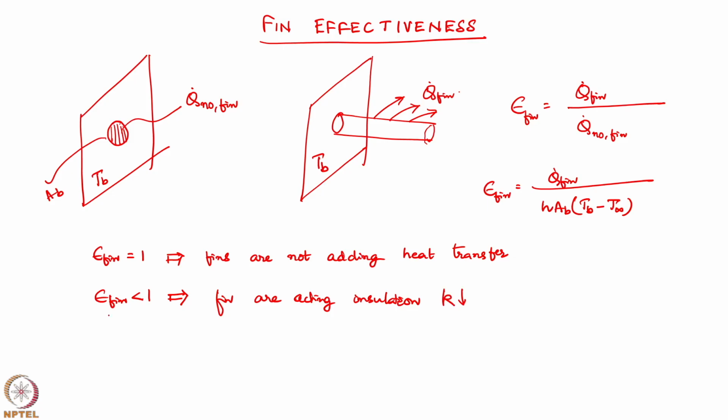like plastic or something. If effectiveness is greater than 1, that is the situation we want. We want the efficiency of the fin very large or closer to 1 and effectiveness of the fin greater than 1.